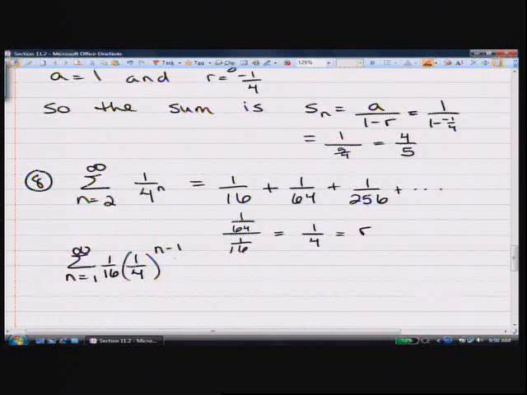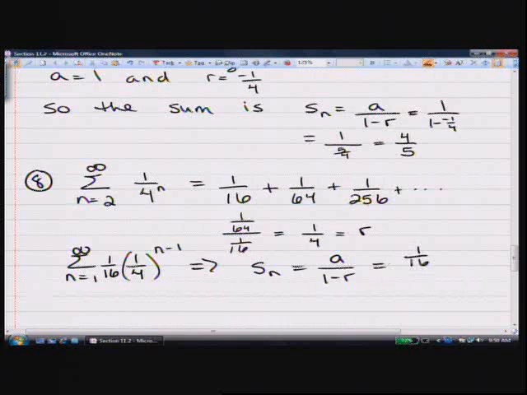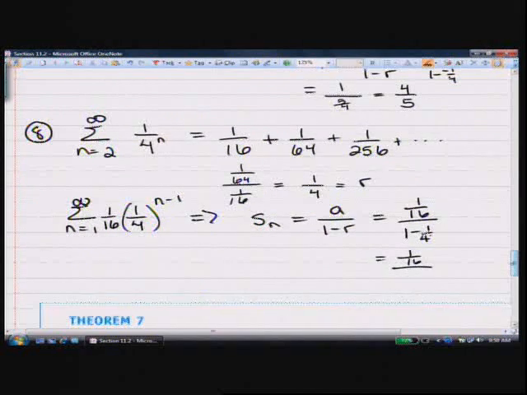Now if I put 1 in, I get 1/16. If I put 2 in, I get 1/64. Okay. And so S sub n is A over 1 minus R, which will be 1/16 over 1 minus 1/4, which is 3/4. And so that's going to be 1/12, right?